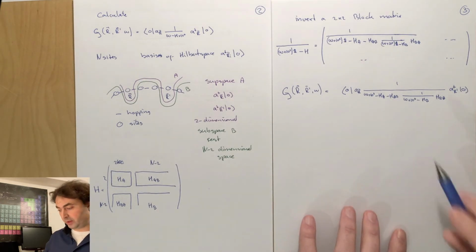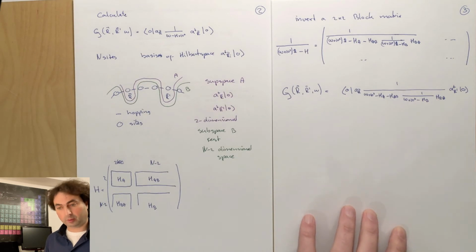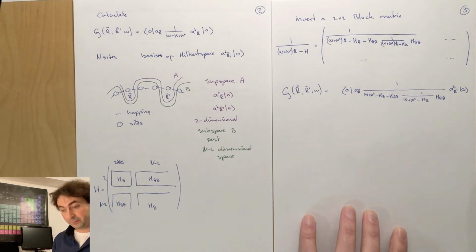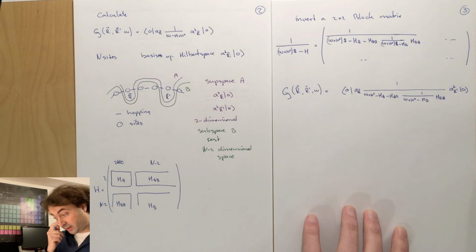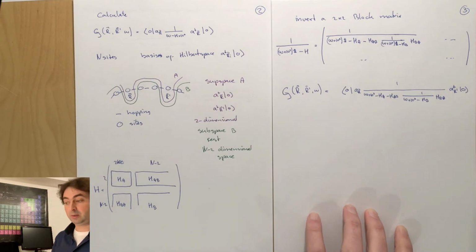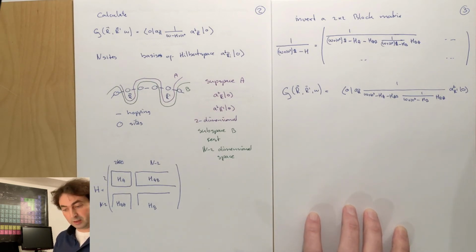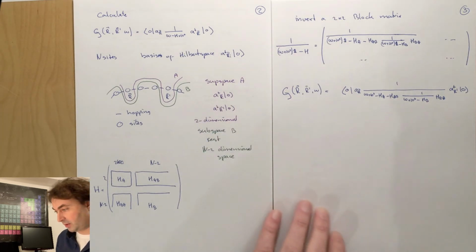And what we see is that we already start to get something of the form of the continued fraction that we had. Of course, this is just the first step. We can now do the same trick that we did for Hilbert space B as we did for the full Hilbert space.